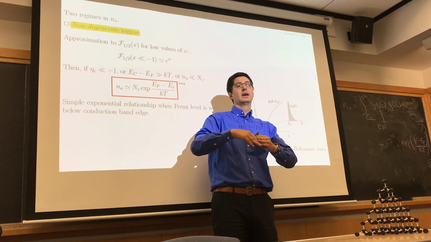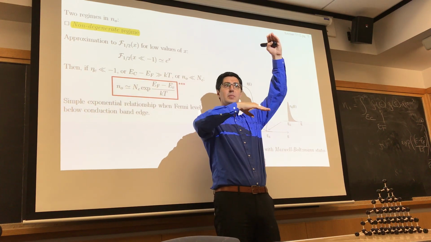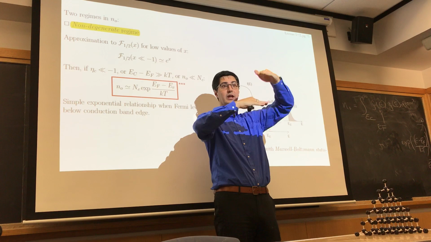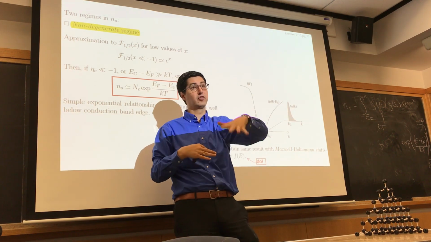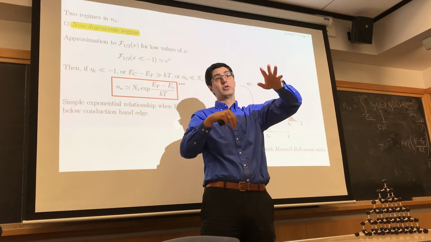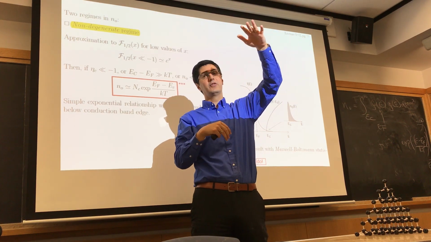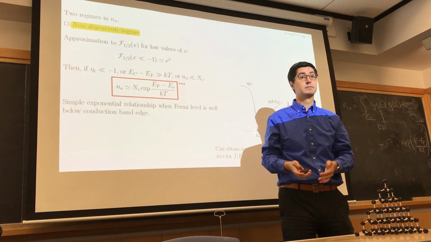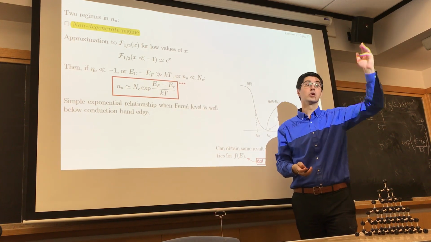Well, I know when EF is much larger than EV, my number of holes is decreasing exponentially, right? As my Fermi level approaches the conduction band, I have exponentially more electrons. When my Fermi level approaches the valence band, I have exponentially more holes and exponentially fewer electrons.